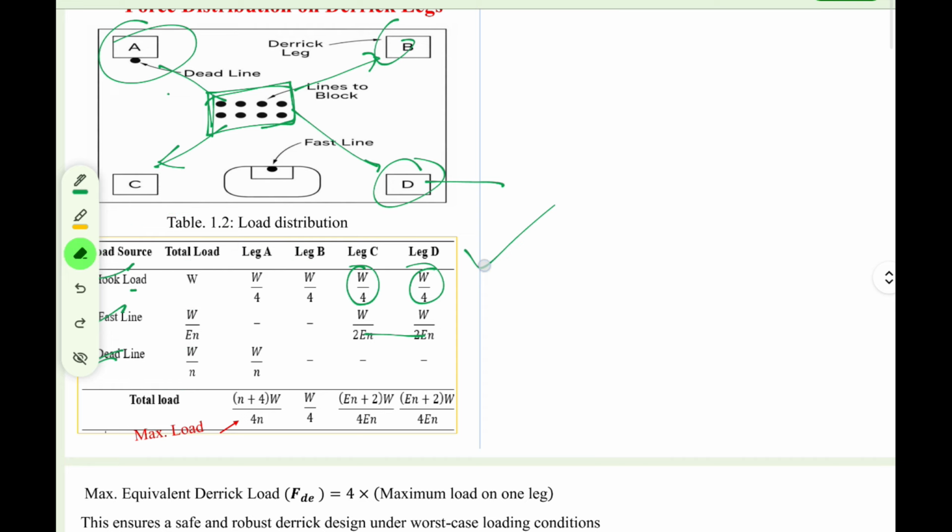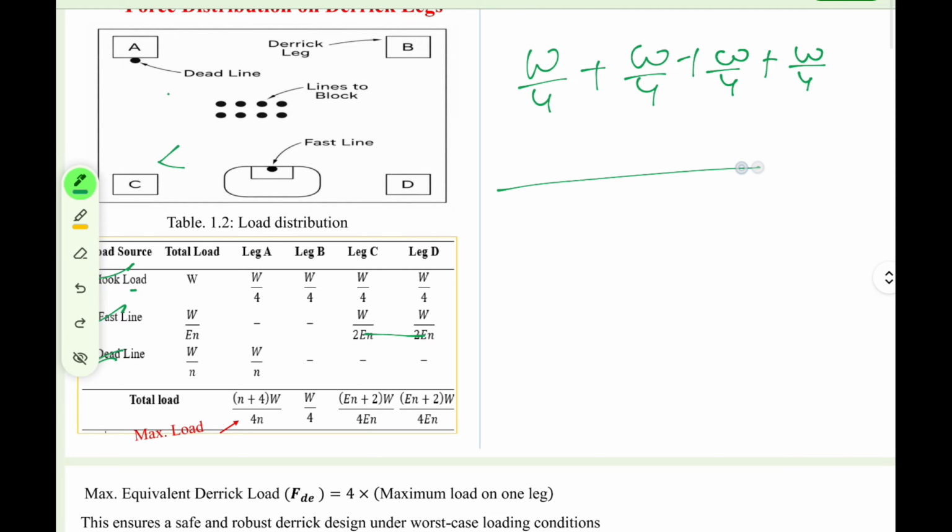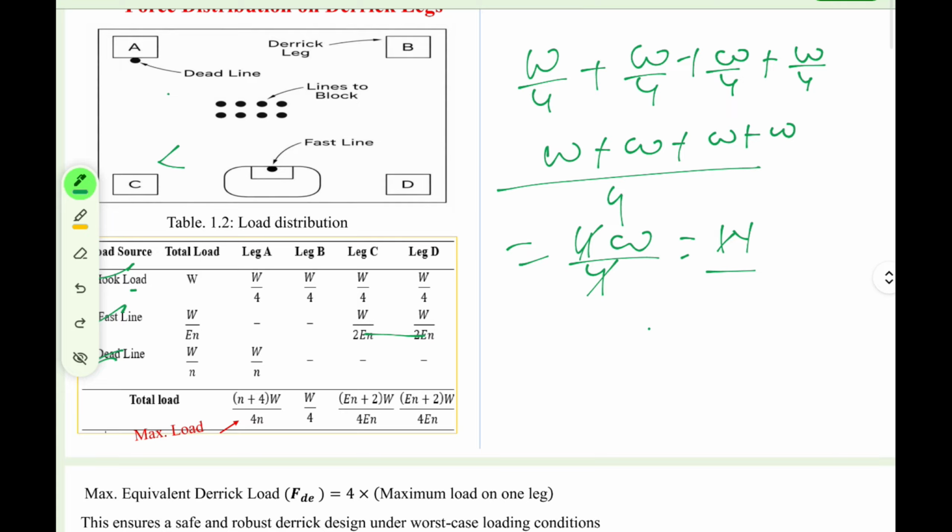And if you sum these, W by 4 plus W by 4 plus W by 4 plus W by 4, taking the LCM 4, you will get 4W divided by 4, which means W. You will get W. This is how it works, right?